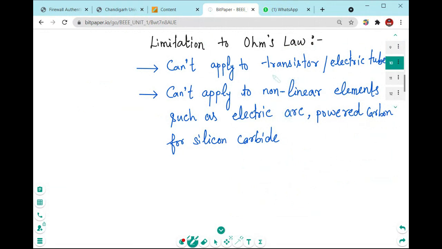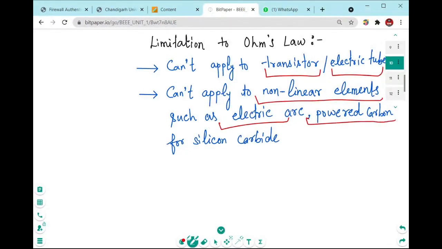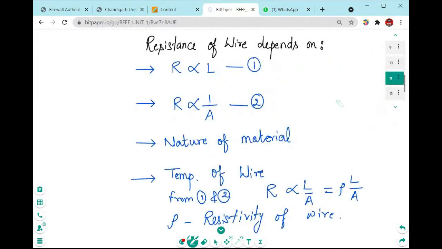We cannot apply this Ohm's law where transistors or electronic tubes are used. We cannot apply Ohm's law to nonlinear elements, such as electric arc, powdered carbon or silicon carbide. So we have seen these things also.